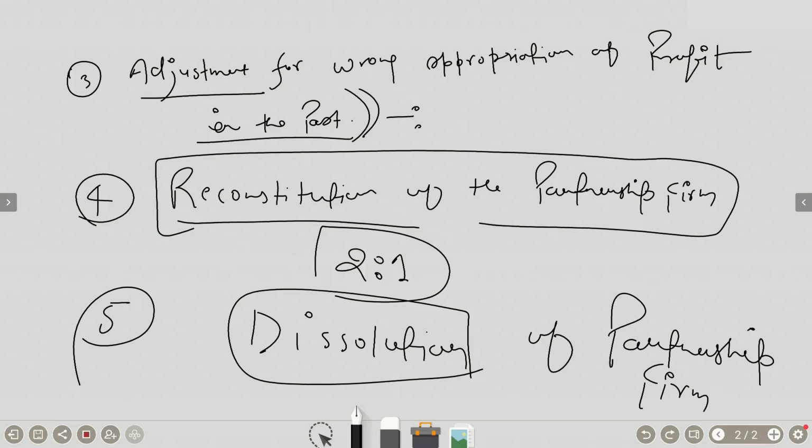Okay, so these five are the special scopes in partnership accounting.